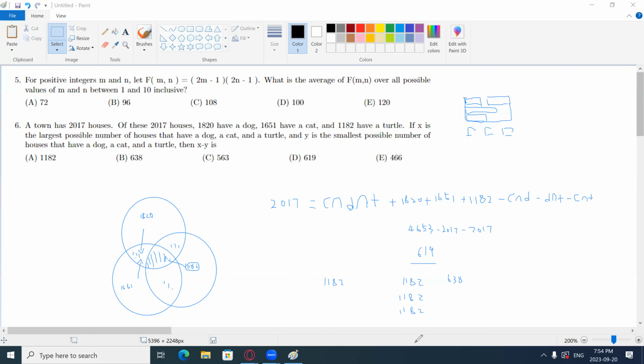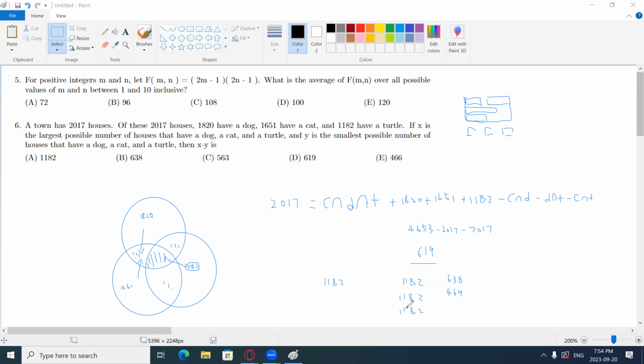And in here, you will have 1,651 minus 1,182, which would be 469.